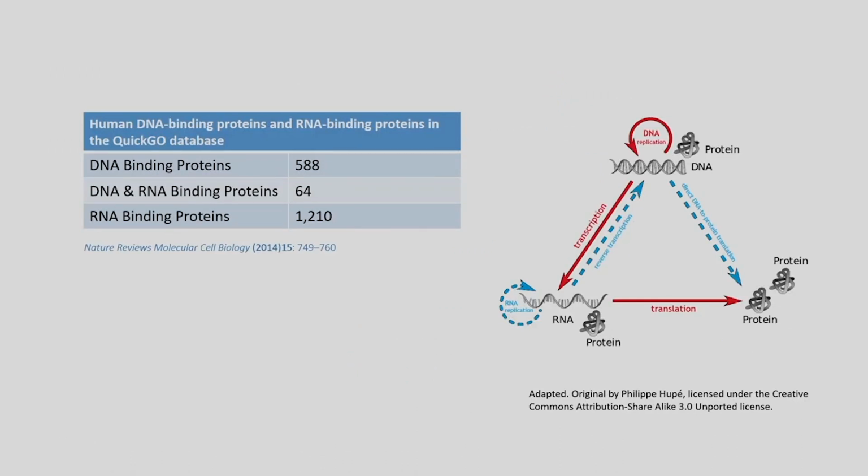So, we now know that proteins bind to DNA and RNA. There are proteins which we can call DNA binding proteins, and this study has reported that we have roughly around 588 DNA binding proteins, and we have a large number of RNA binding proteins, which is more than double the DNA binding proteins, being roughly 1210.